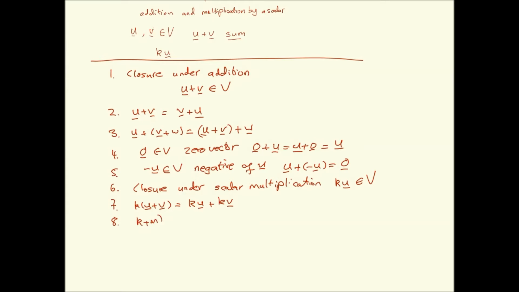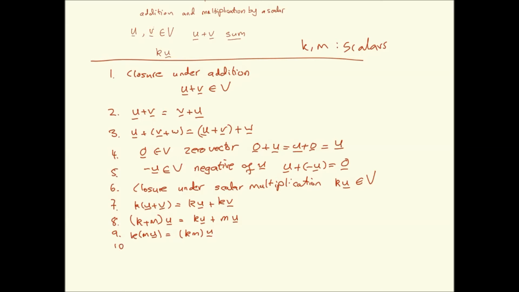In the same way, if we were to add two scalars, k and m are both scalars here, then k plus m times u is ku plus mu. The ninth axiom is, in a similar way, if we have multiplication, then that is the same as km times u.